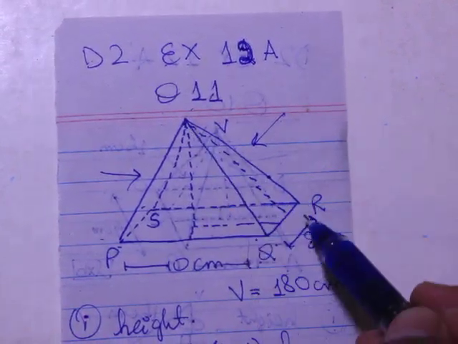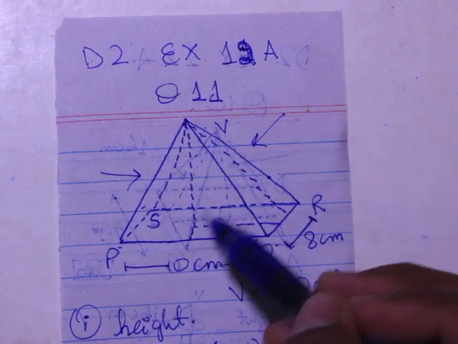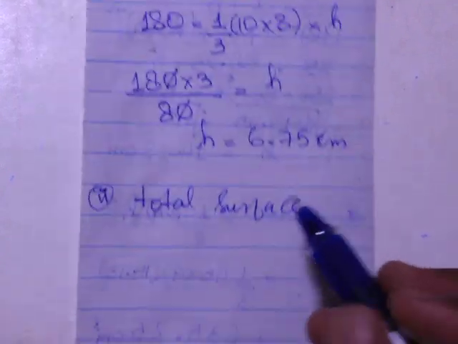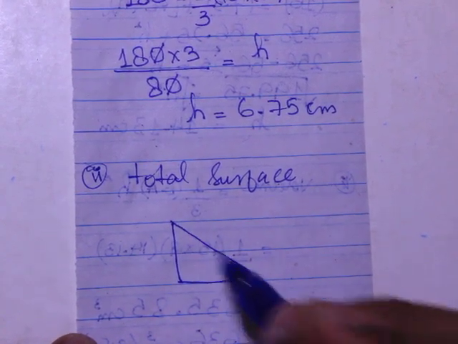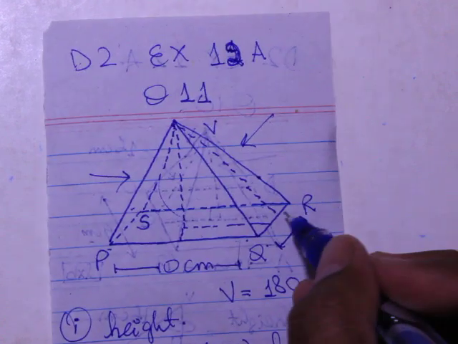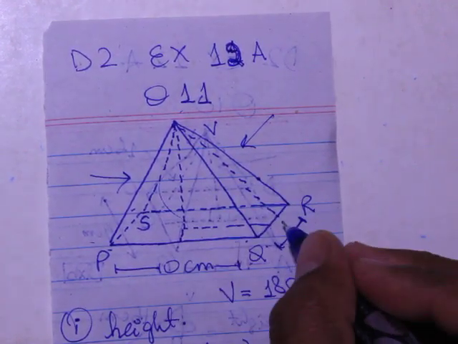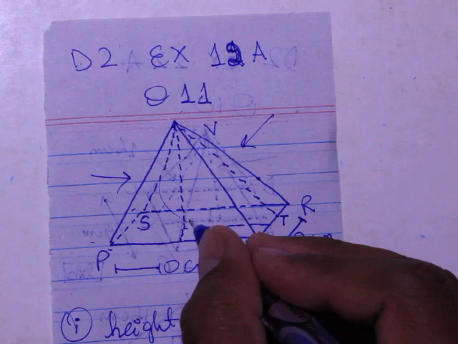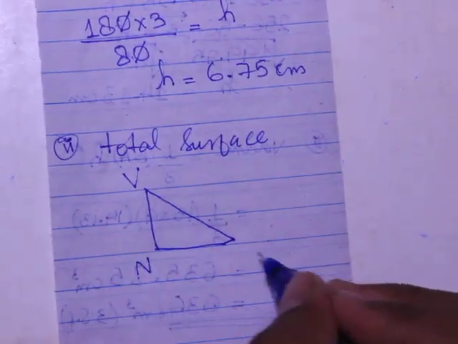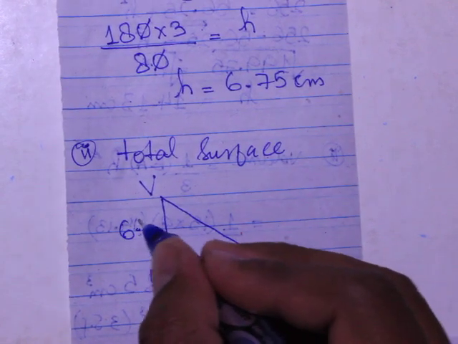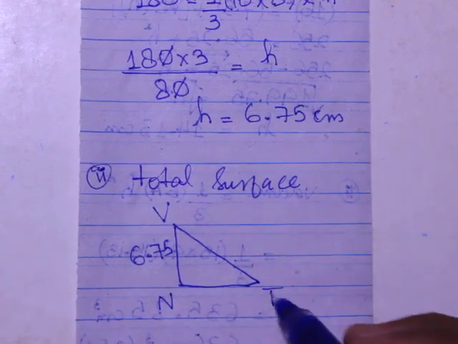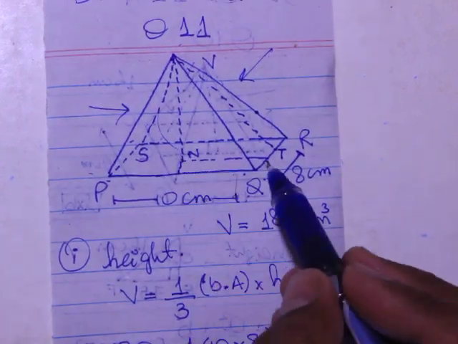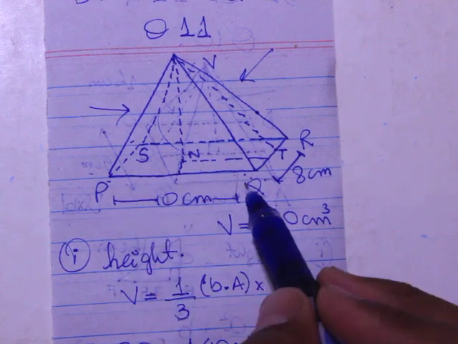If I am talking about VQR, we know the height. I am going to make a right angle triangle here to make it clear very easily. This is V, this is N, this is T. As we know the height, which is 6.75, we just found out a moment ago, and NT from here till here is equal to P to Q, which is 10.